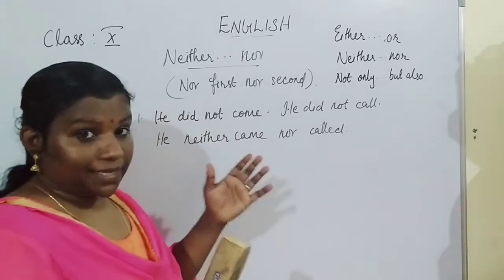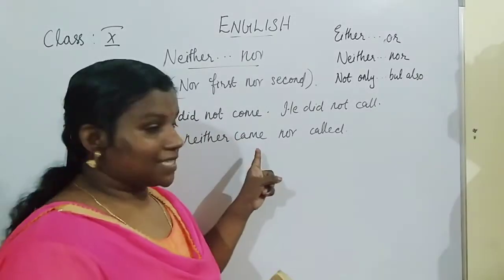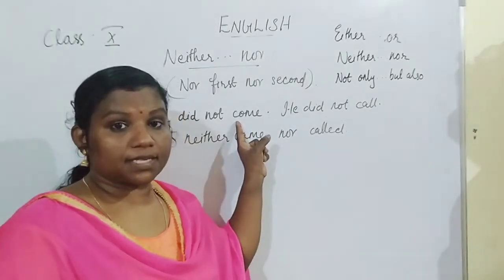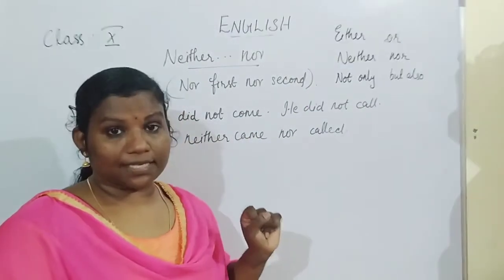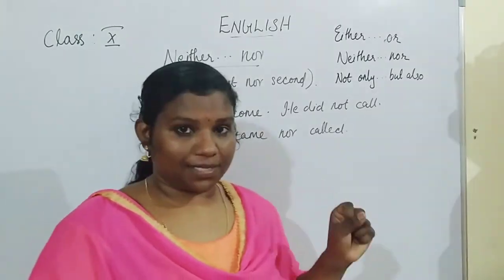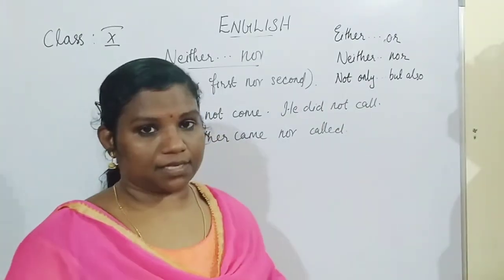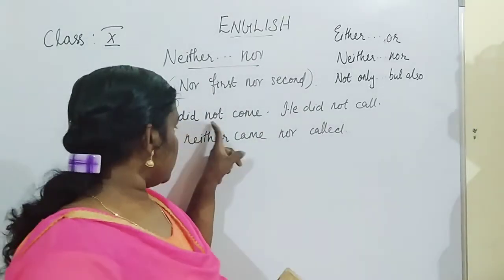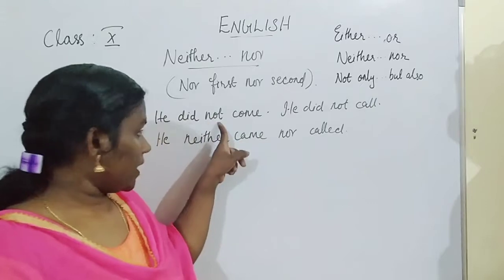So now you may get a doubt. Why has the teacher used here came and here called? Because in the first sentence it is in the past tense, here also the past tense. So why have we used not here with did? Because this not cannot stand alone.